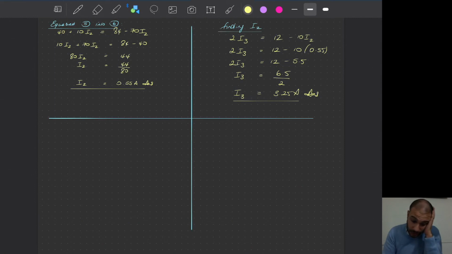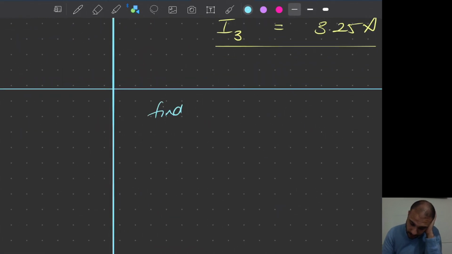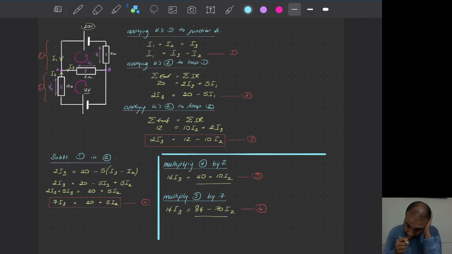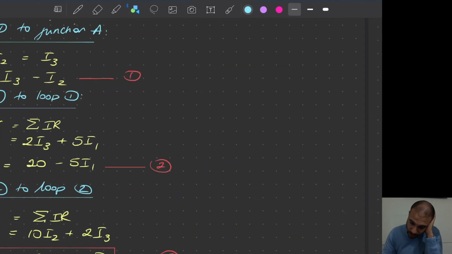We are then going to find I1. To find I1, I am going to use the very first equation that we had, which is I1 is equal to I3 minus I2.